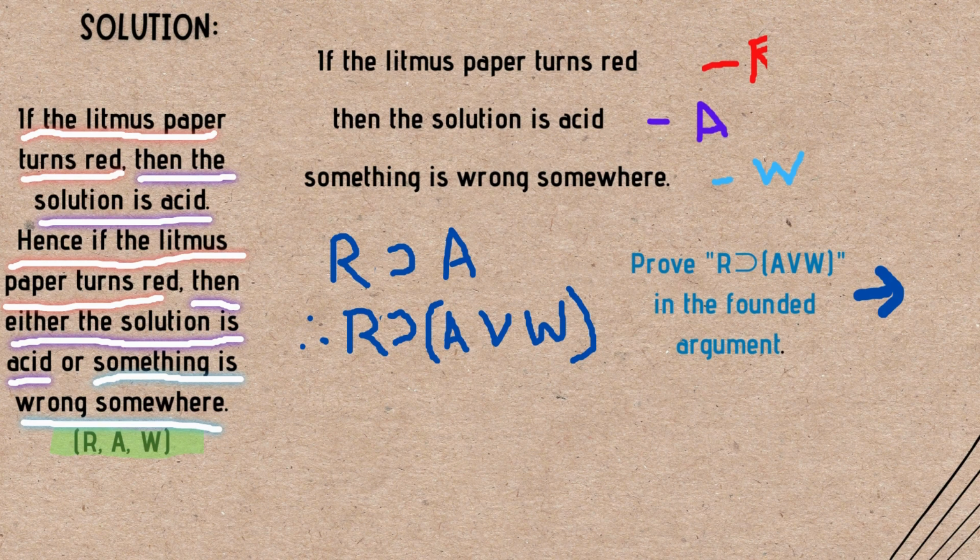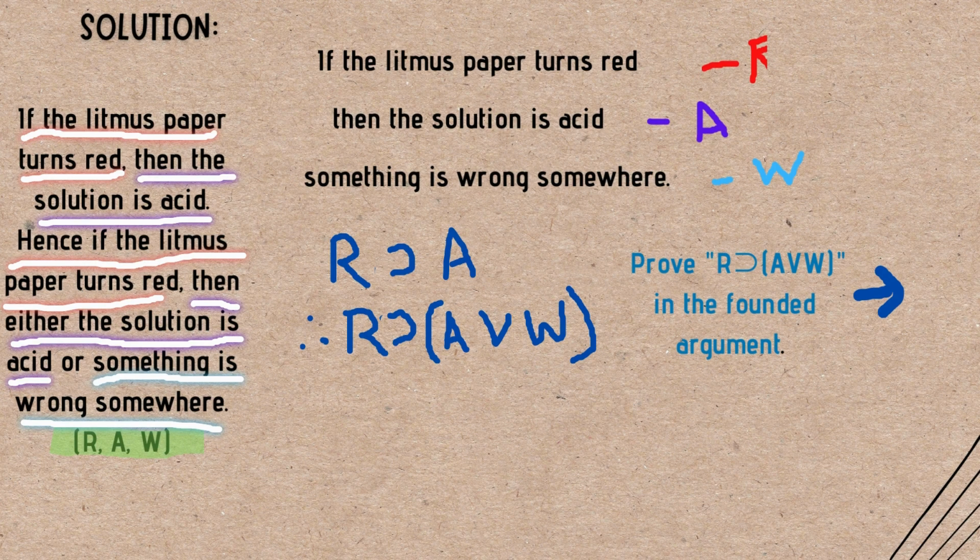Hence, if the litmus paper turns red, R, then the solution is acid, implication A, or we will be using disjunction, something is somewhere wrong, disjunction W.